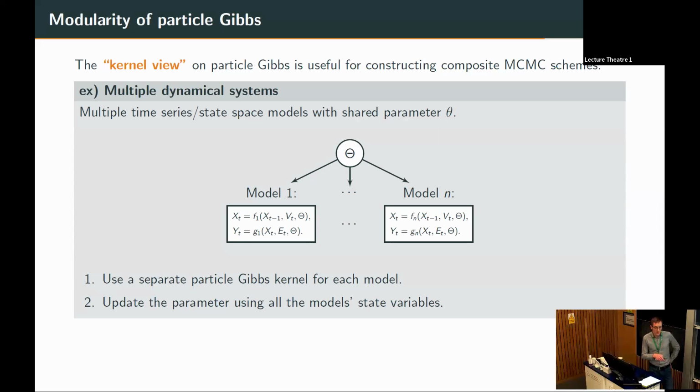And you don't have to put everything into the same extended target formulation, because we have proven these properties for the kernel itself.